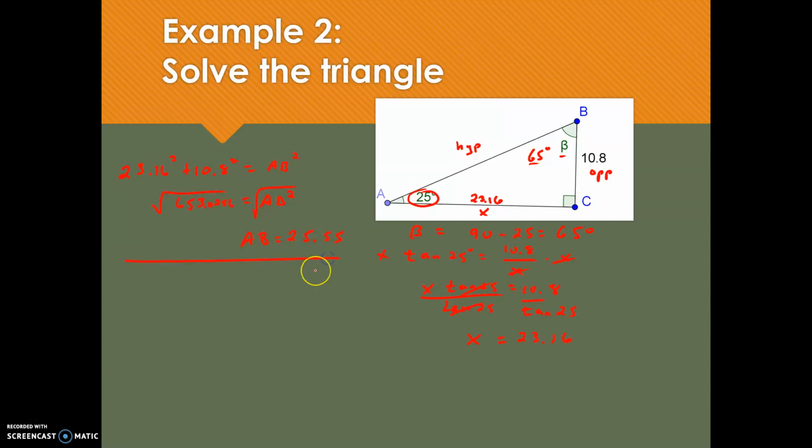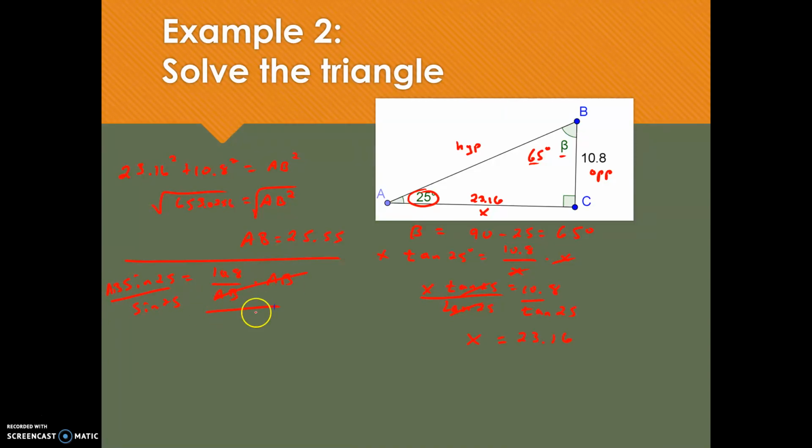25.55. If you're just as comfortable with the trig at this point, you could use the sine of 25 equals 10.8 over that AB, or you call it the hypotenuse or whatever other variable you'd like. Again, I'm going to multiply both sides by AB, then divide by sine of 25.